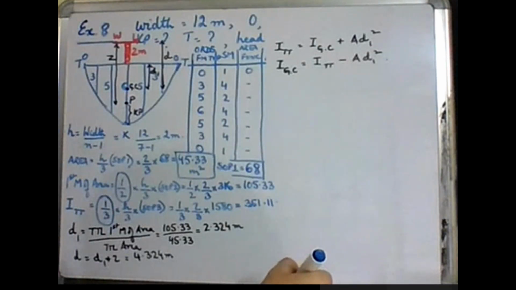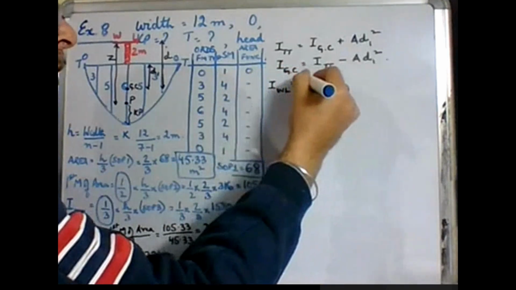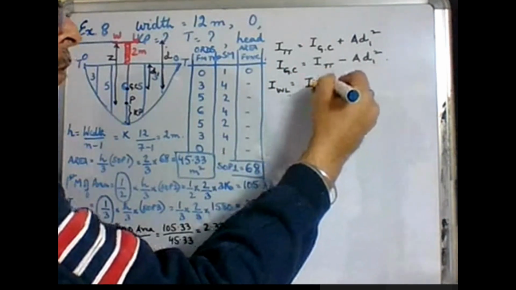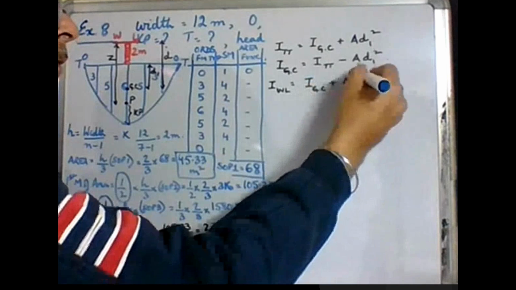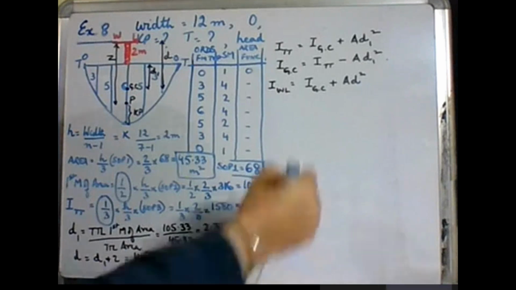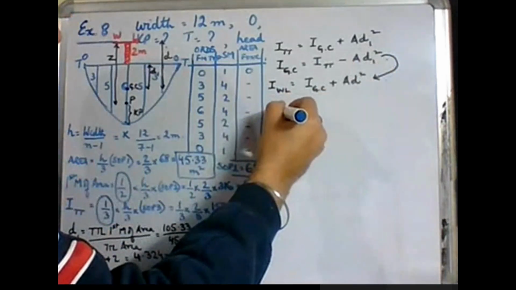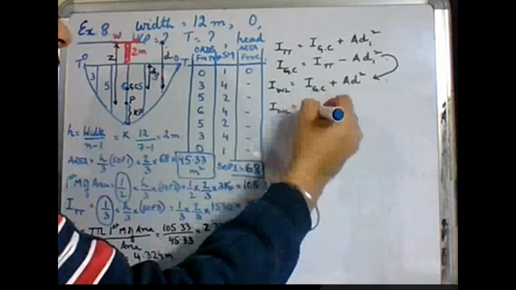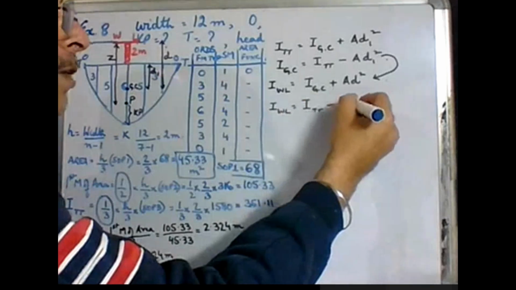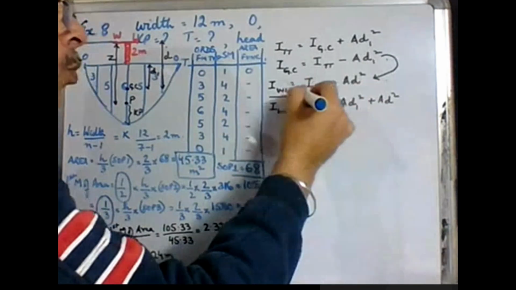Yes, sir. But I know IWL is equal to IGC plus AD square. Is this okay with everyone? Yes, sir. So substituting this over here, I get IWL is equal to ITT minus AD1 square plus AD square. Are you okay with this formula?